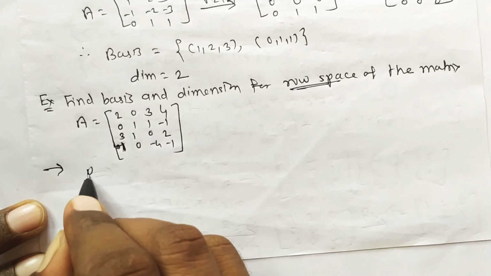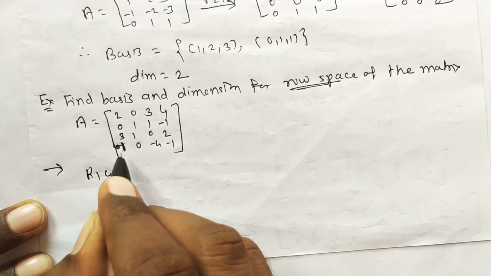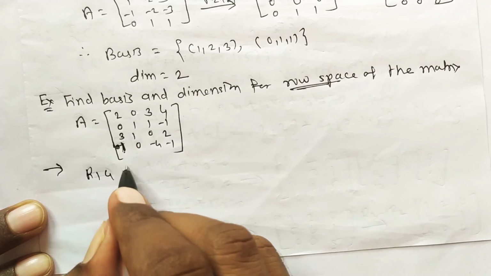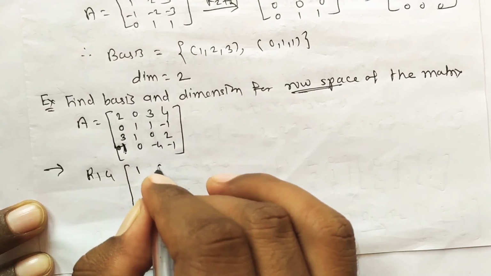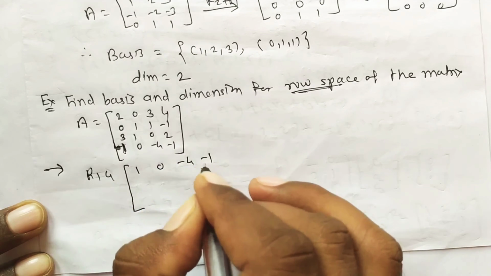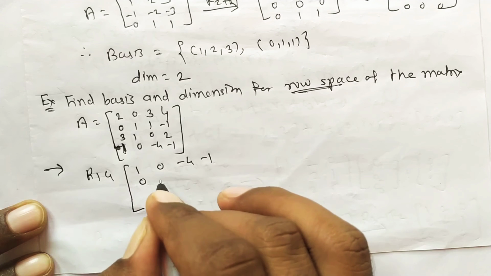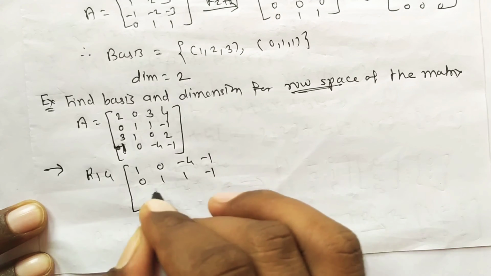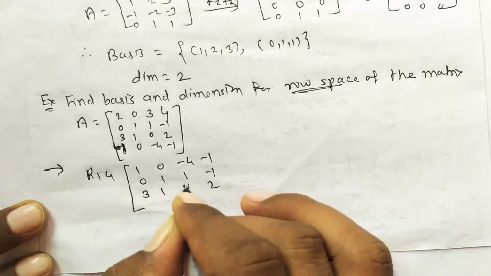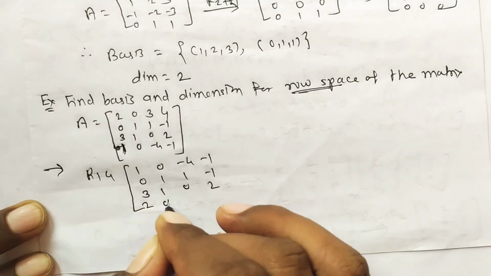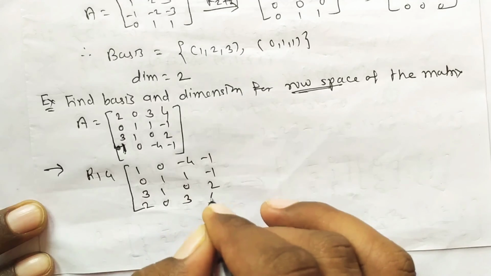So for that, first we use operation R14, interchanging the first and fourth rows. If we use the R14 operation here, then 1, 0, -4, -1, second row as it is 0, 1, 1, -1, third row also as it is 3, 1, 0, 2, and fourth row is 2, 0, 3, 4.